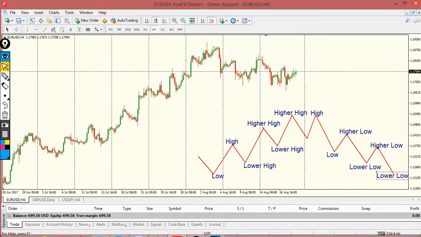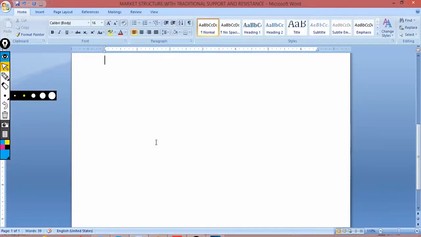So an uptrend is a market that has a series of lower highs and higher highs. That is an uptrend. Then the one with a series of higher lows, lower lows, we have a downtrend. Let me see if I can type that in here.